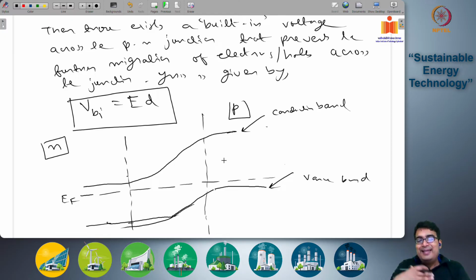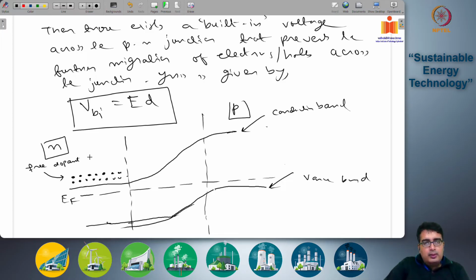Now, in the N side, you have a lot of free electrons from the phosphorus atoms that are located in the conduction band. So you have a lot of free dopant electrons that are near the bottom of your conduction band. Okay. Now these electrons cannot move into the conduction band of the p-type zone because of this potential gradient here. Okay.